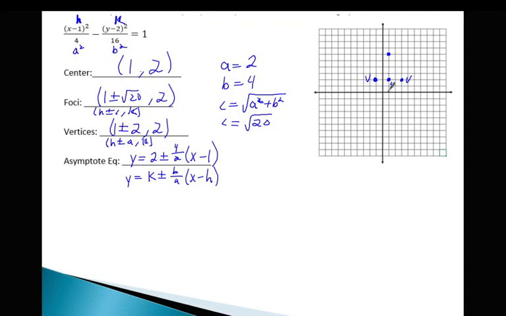I'm not going to label them with anything. I'm just going to put those points there. Now, I'm going to use those points to draw a box to do my asymptotes. So I'm going to make a dotted rectangle using these 4 coordinates. Like that.